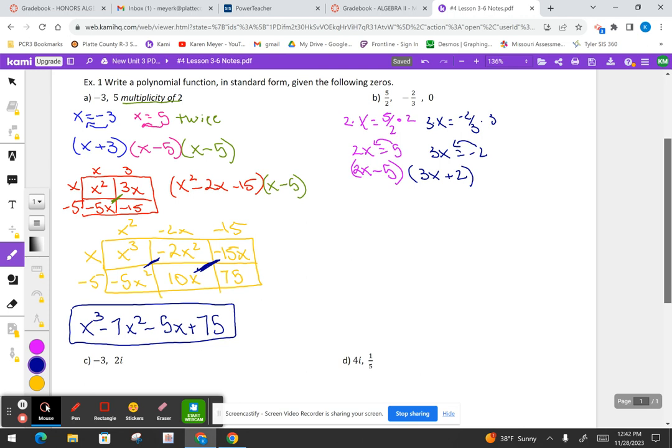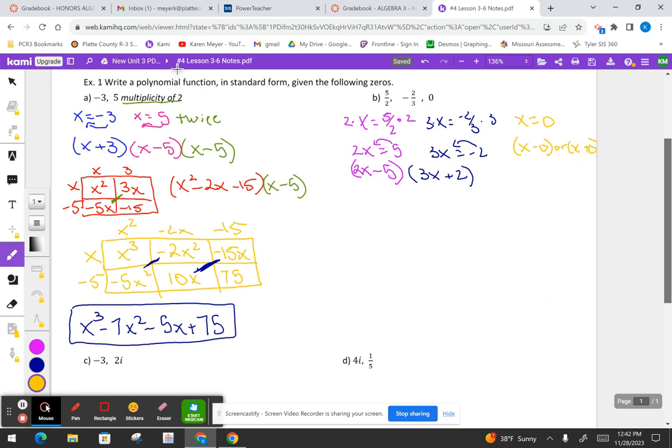And then something we haven't talked about here yet is the last one, where my last zero is 0. So here, if I just go x equals 0, well, 0 is not really positive or negative. So when you move it over, you can think of it as x minus 0 or x plus 0.